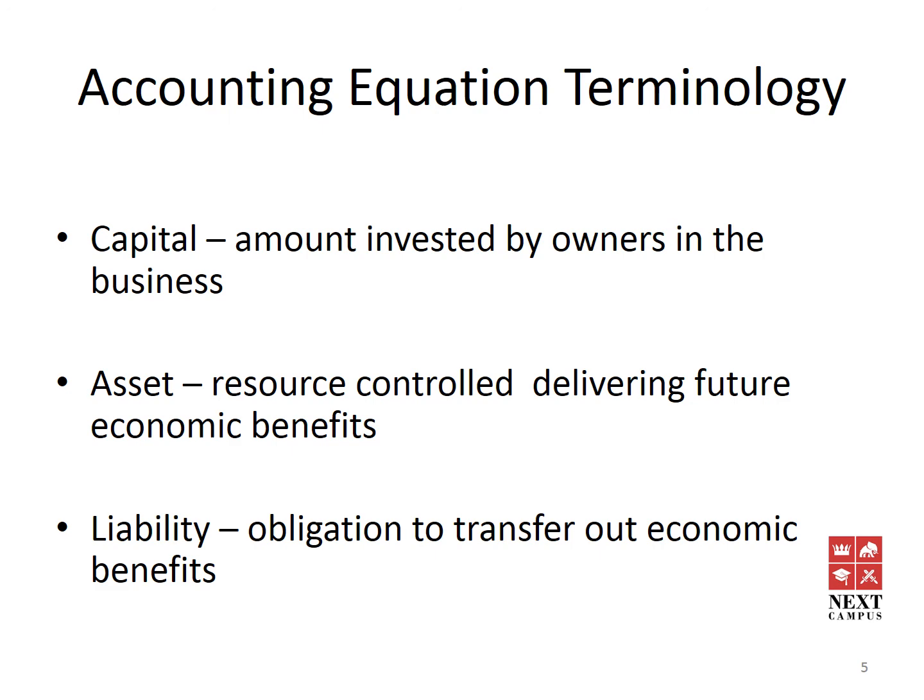That's the accounting equation terminology. Assets are resources controlled by the business. Capital is the funds or assets put into the business by the owners. And liability means external parties who have invested funds. So the accounting equation shows how the assets of the business are funded. They can be funded by capital and they can be funded by liabilities.